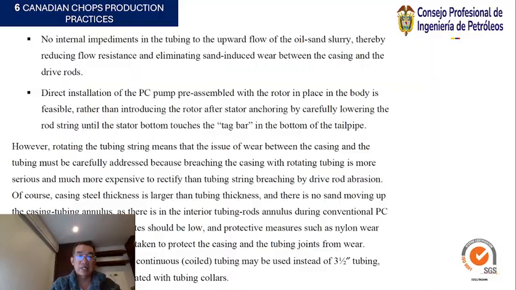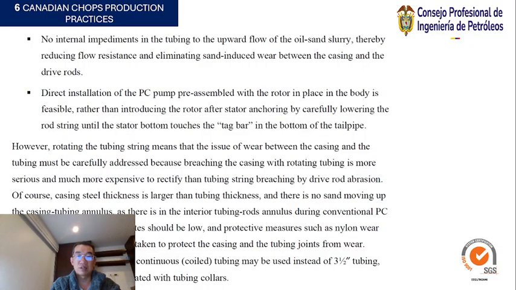Of course, casing steel thickness is larger than tubing thickness, and there is no sand moving up the casing-tubing annulus, as there is in the interior tubing-rod annulus during conventional PC pump operation.